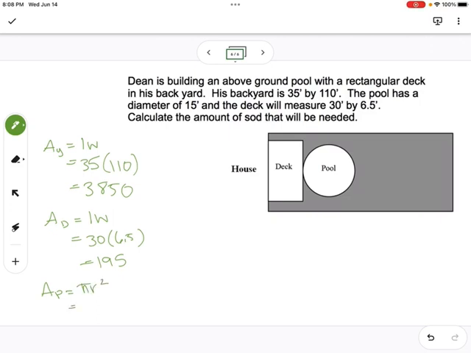So if the diameter is 15, we need to divide that by 2 to get our radius, which is 7.5. So we'll have 3.14 times 7.5 squared, and that'll give us an area of 176.625.